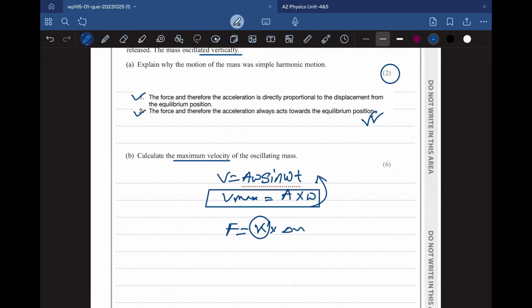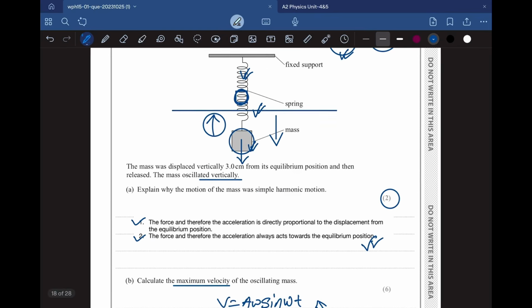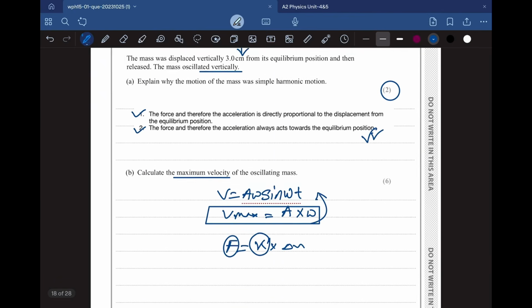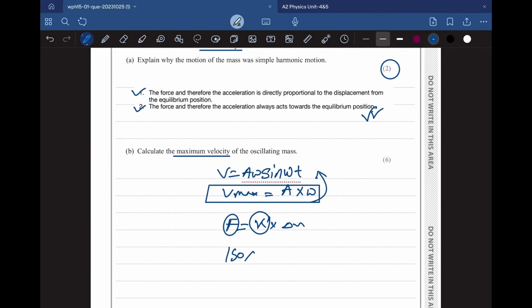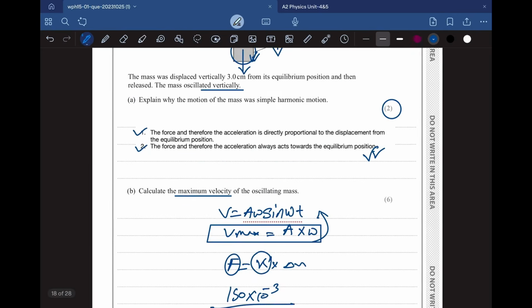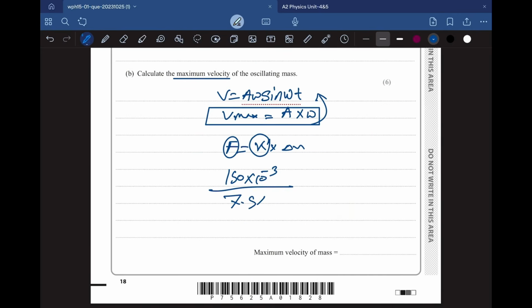So we have to figure out the K. We know the force is the weight actually. So we know the mass was, how much was it? Did they give us the mass? Yes, it was 150 into 10 to the power minus 3, divided by the del x, which was 7.5 centimeter, which can be written as 7.5 into 10 to the power minus 2, because it needs to be converted into meter.